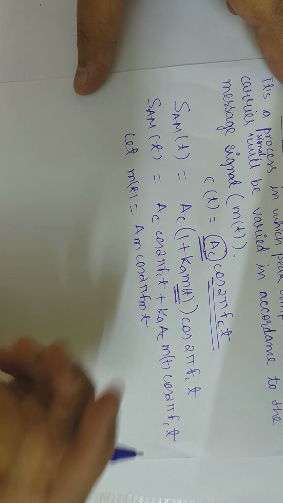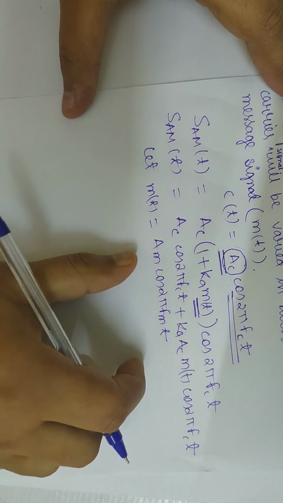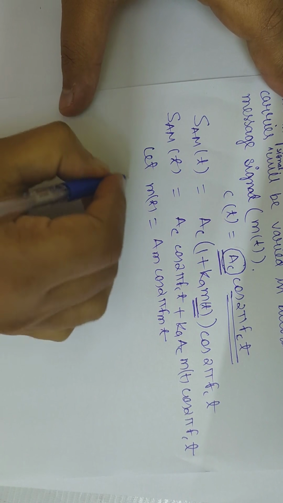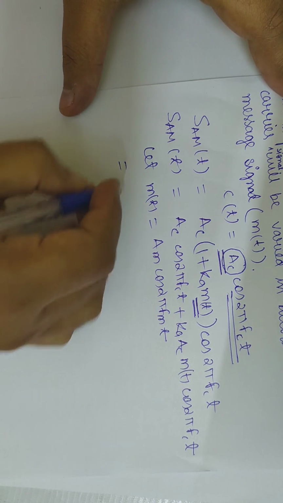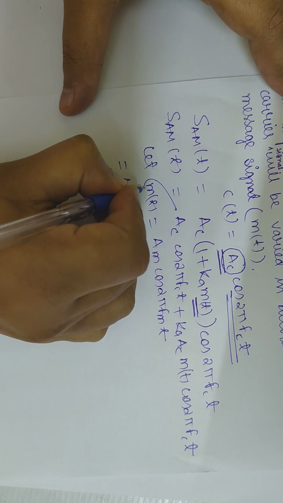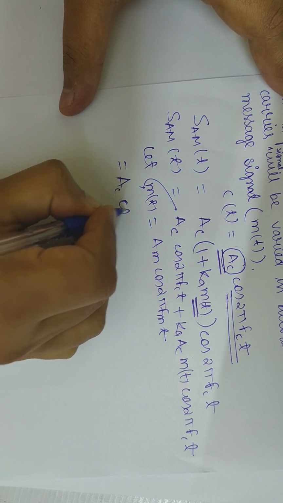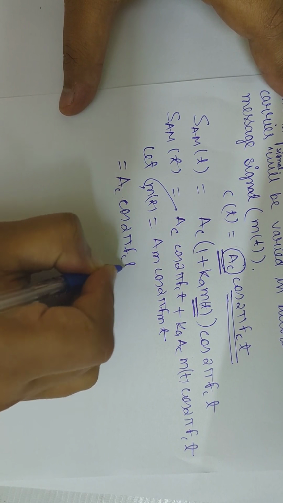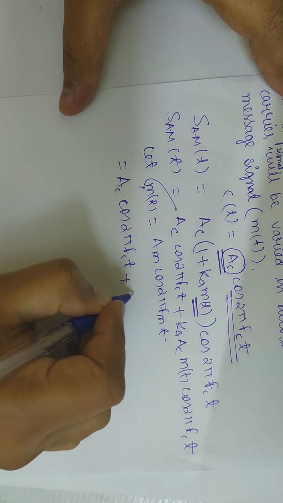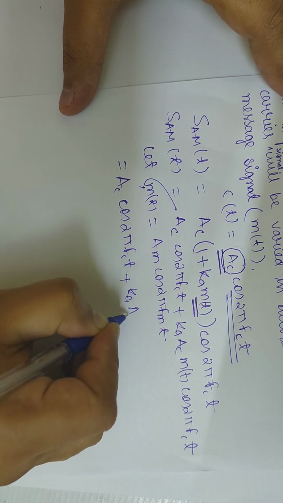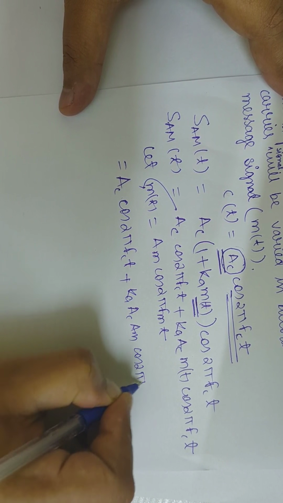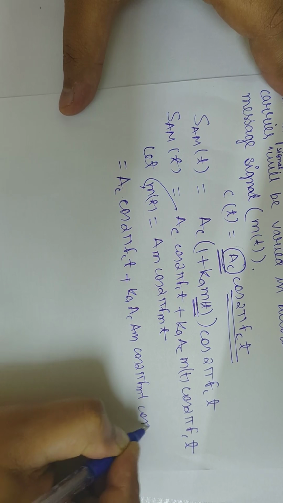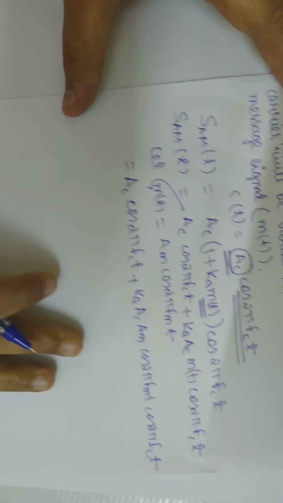We are assuming that the message signal is a single tone signal. Let's elaborate this equation: Ac cos 2 pi fc t plus Ka Ac Am cos 2 pi fm t into cos 2 pi fc t.